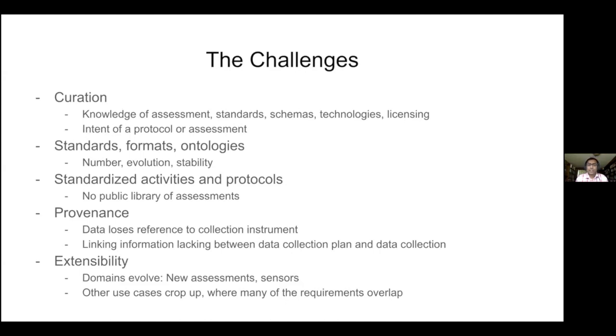Often this curation is done post-acquisition, as I mentioned earlier, and that leads us to all kinds of challenges in terms of how we map what we have represented in our own local databases, Excel files, or other spreadsheets, to the kinds of things that are required by the external world in accepting the data that we have collected. And this is where there is a significant number of standards, formats, and ontologies that come into play.